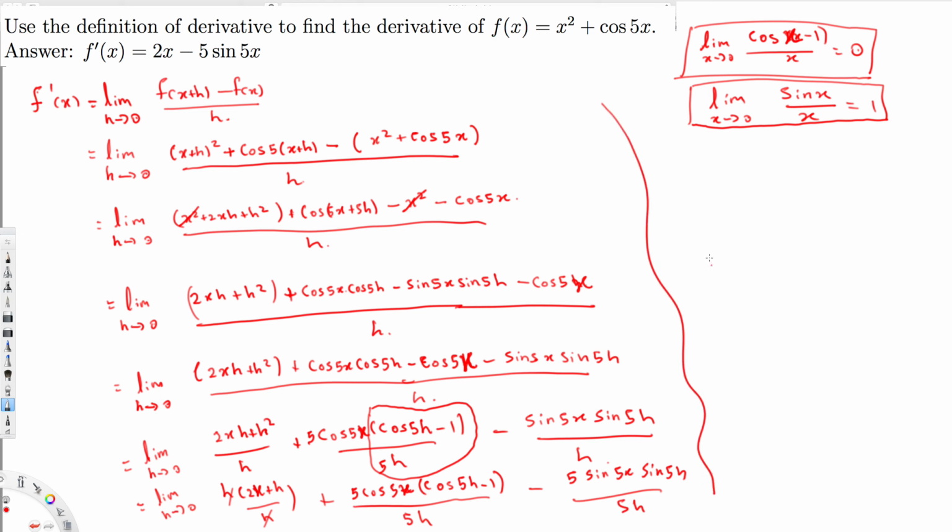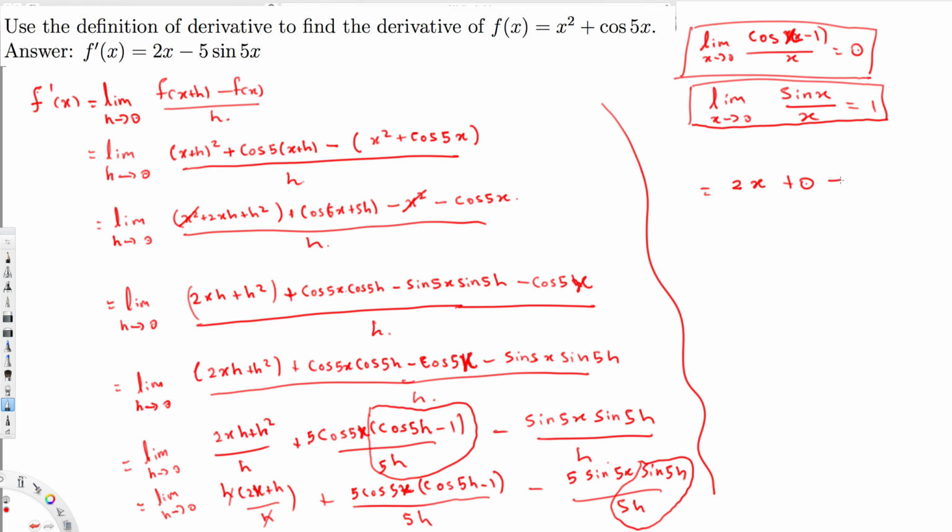Now I apply the limits. For the first one, I will get 2x. For the second, the whole thing is going to be 0. Then the third one, minus 5 times sine 5h over 5h, which is in this format, so it's going to be 1.